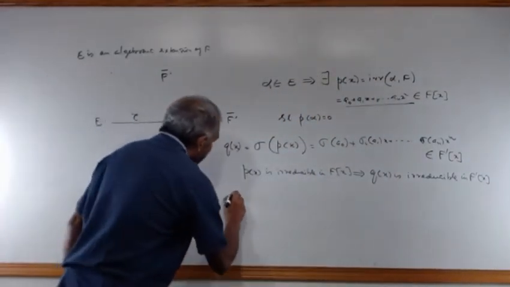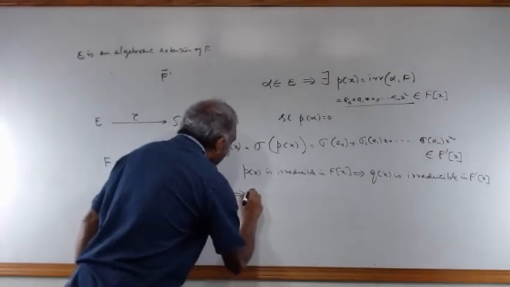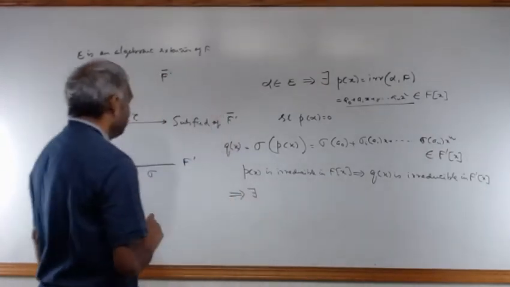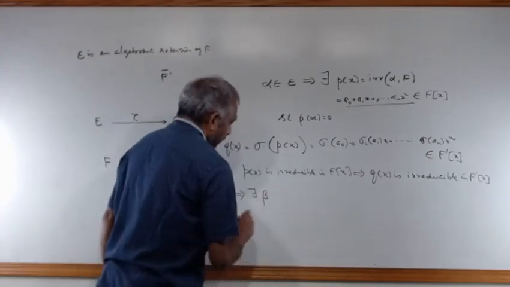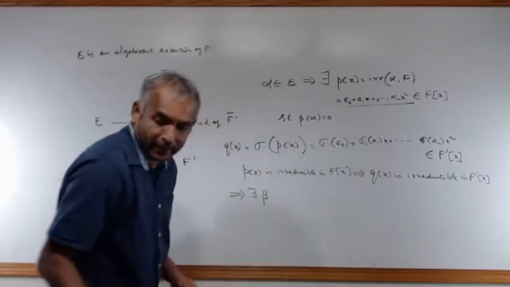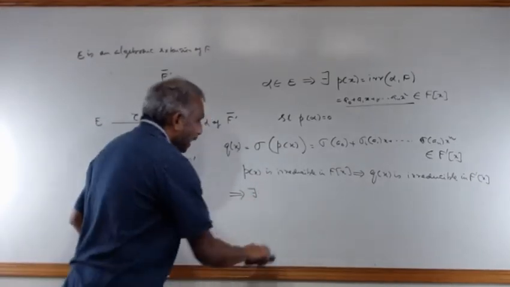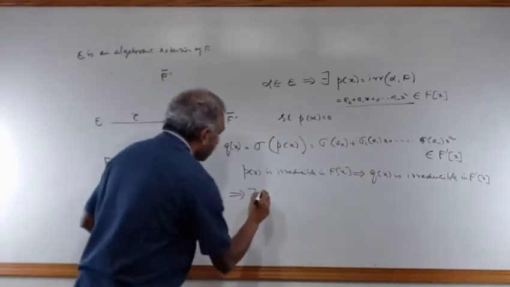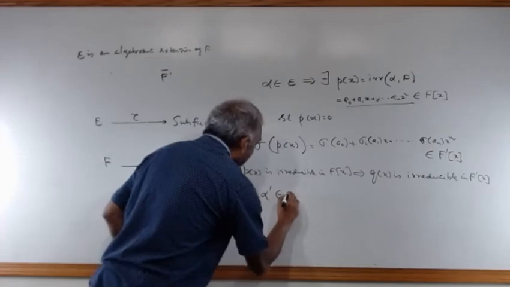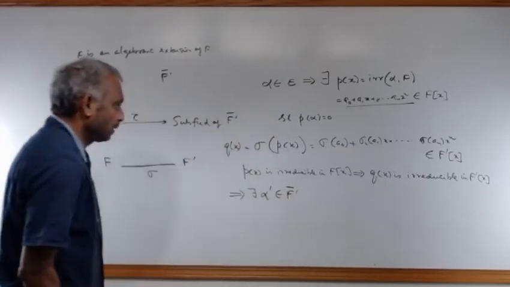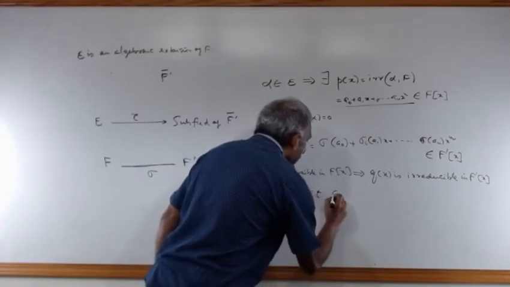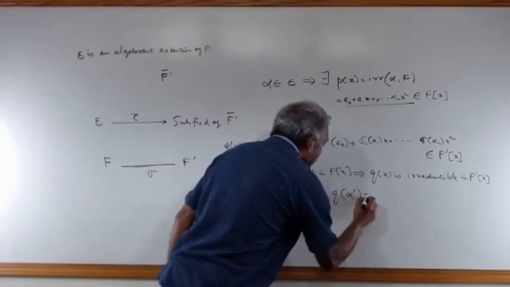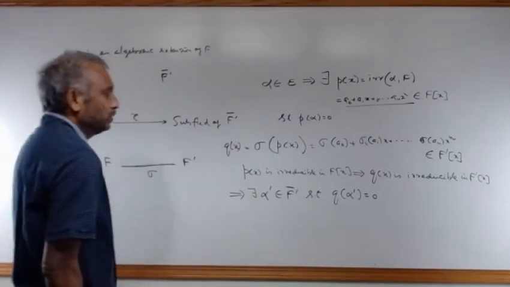That means there exists a beta, or probably we'll write it as alpha prime, in F prime closure, such that q(alpha prime) = 0.